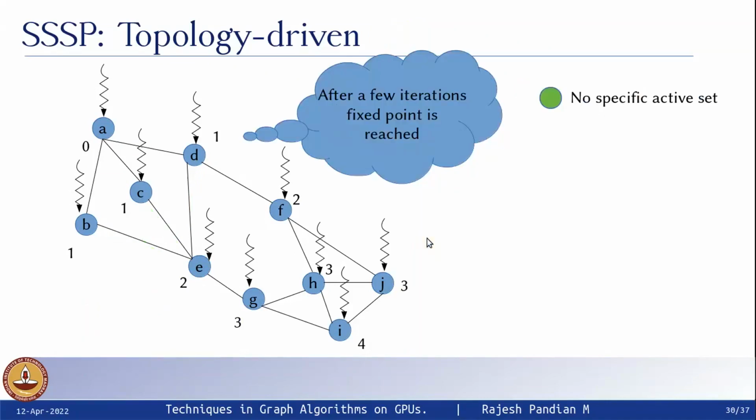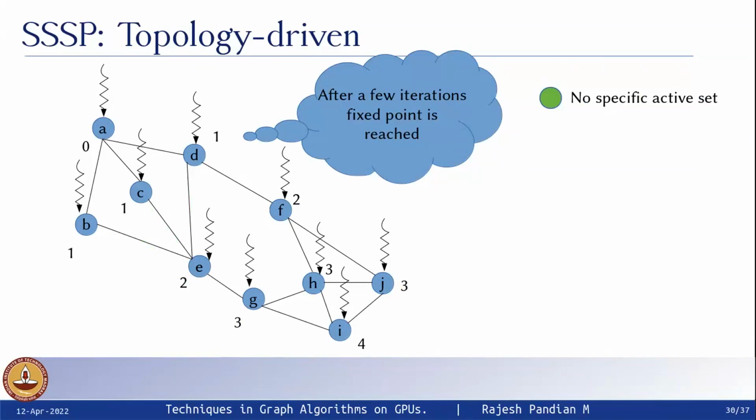Irrespective of whether it is push based or pull based, a topology driven approach will run for a few iterations, and when the fixed point is reached, which means that all the distances from the sources are updated, it will stop.